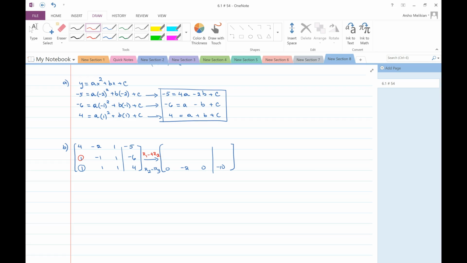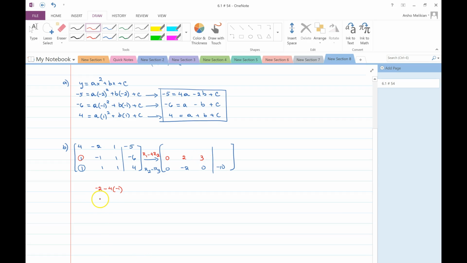You can do anything you want. It's just how efficient is that going to make the problem? Yeah. Okay, so 4 minus 4, that's a 0. Now here, negative 2 minus 4 times negative 1, that's positive 2, right? So it's R1 minus 4 times R2, so that's a 2. And then the last one will be 3.